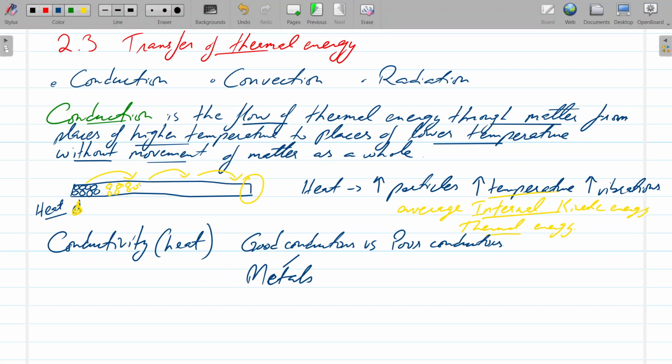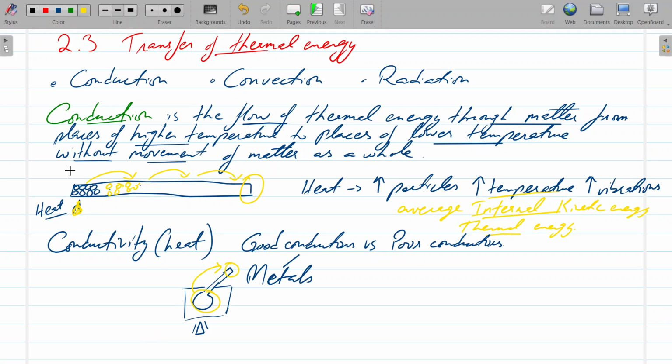With time, the part that is in contact with the food in the pot is going to get hot first, but over time you will feel that the edge of the handle has also gotten a temperature rise, and that's because the thermal energy has transferred throughout that metal spoon.